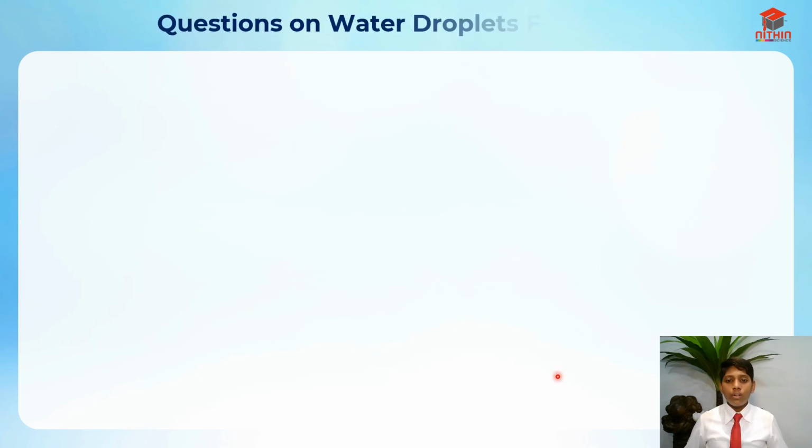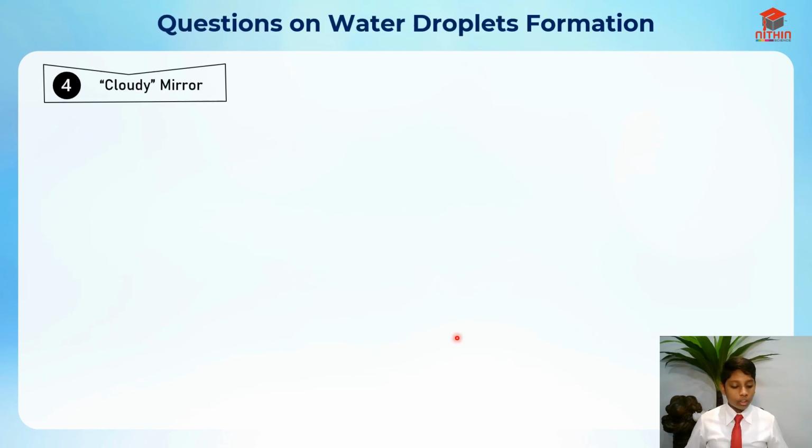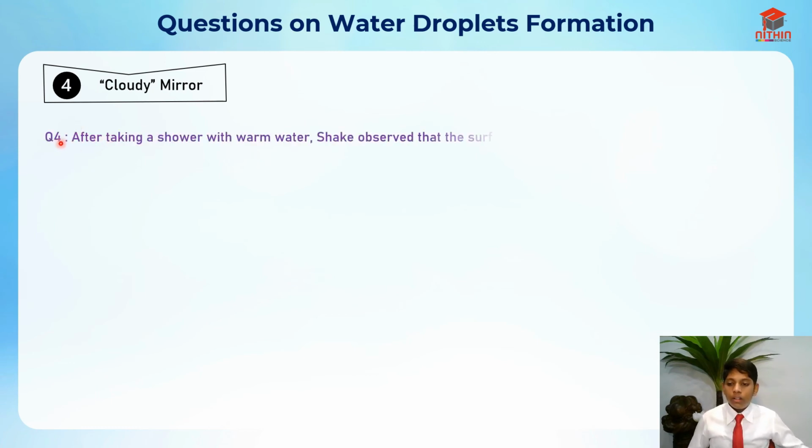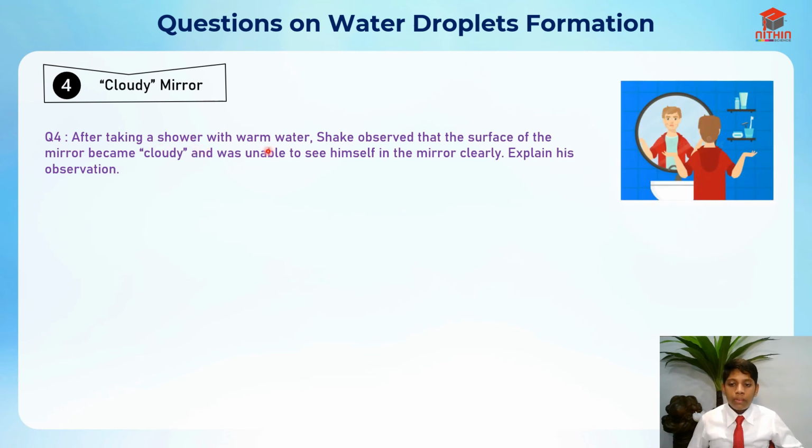Okay, so for the fourth type of question, we have the cloudy mirror question. Let's take a look at it. So question 4. After taking a shower with warm water, Sheikh observed that the surface of the mirror became cloudy and he was unable to see himself in the mirror clearly. Explain his observation.